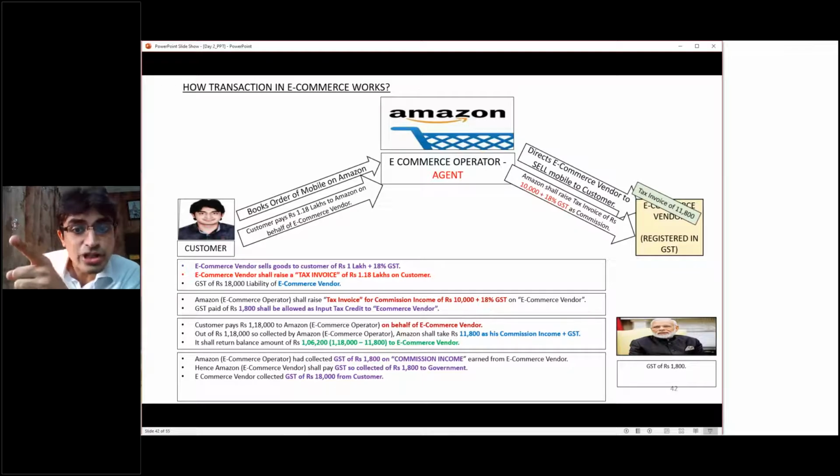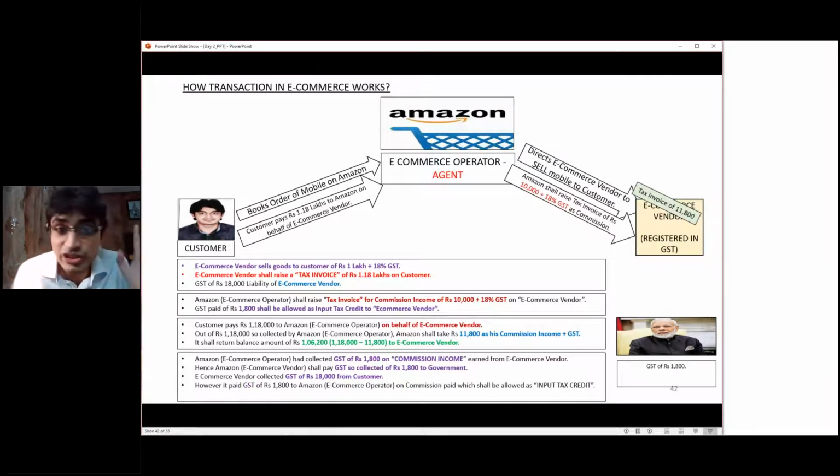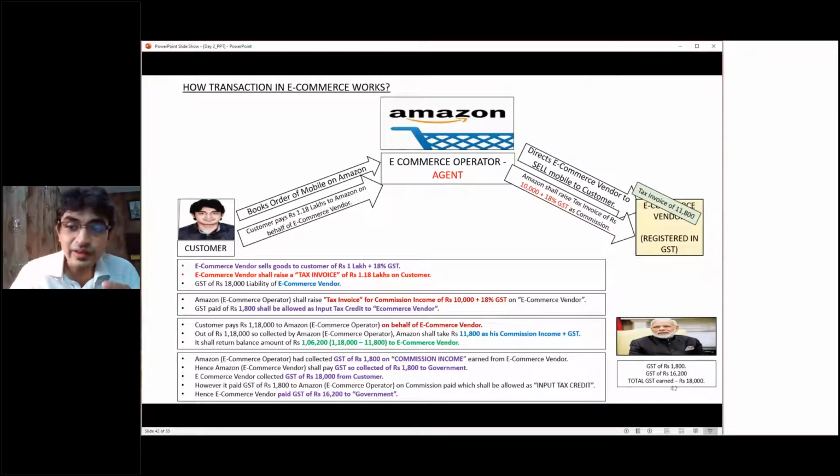But he had paid 1,800 GST on commission to Amazon, which is allowed as input tax credit. So 18,000 minus 1,800, this vendor shall pay 16,200 to the government. So government earned a total of 18,000 from this entire transaction. Clear? This is how e-commerce works.